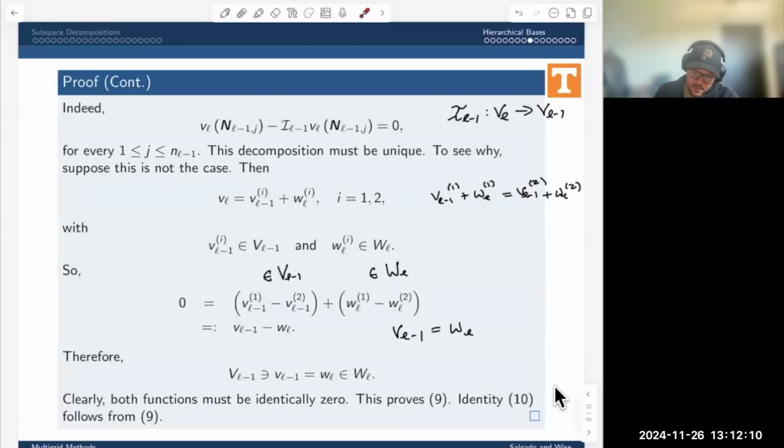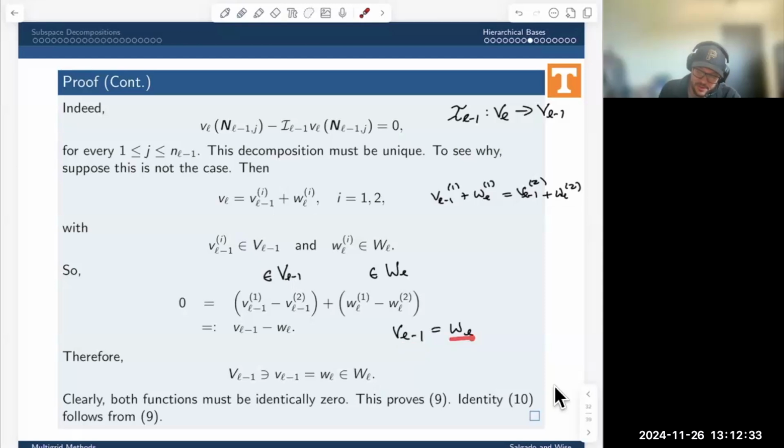But how is it possible for something in this space to be equal to something in this space? Well, it turns out that the only way that's possible is if both of these are identically equal to 0.